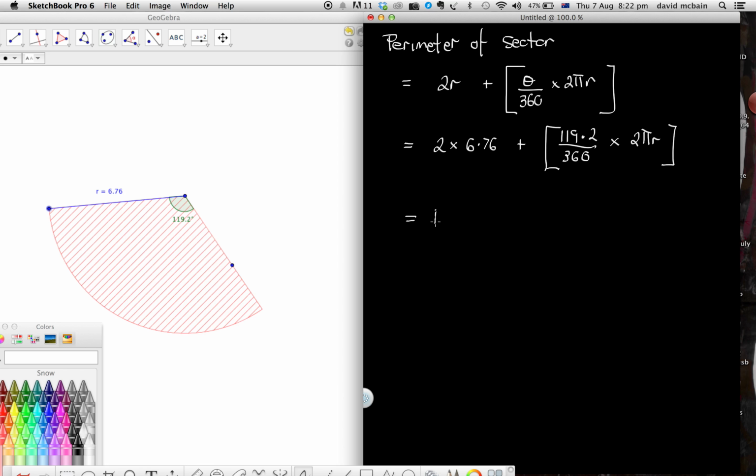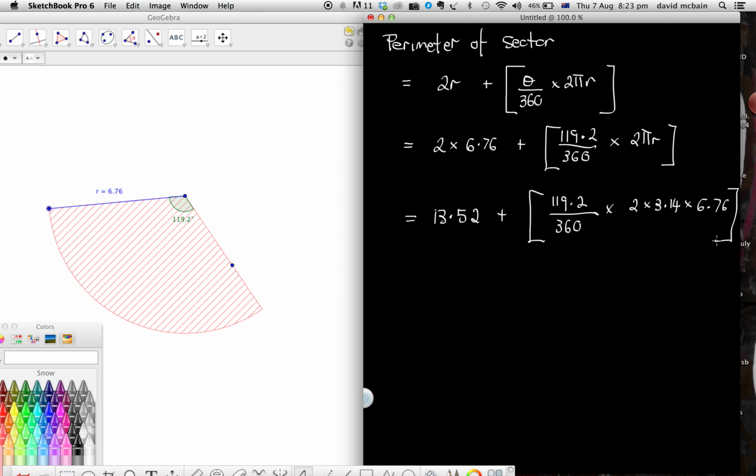So we've got 13.52 plus, in brackets, 119.2 divided by 360 times 2 times 3.14, which is our value for pi, times the radius, which is 6.76.